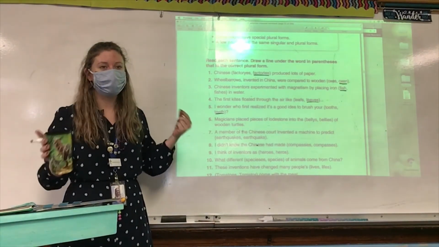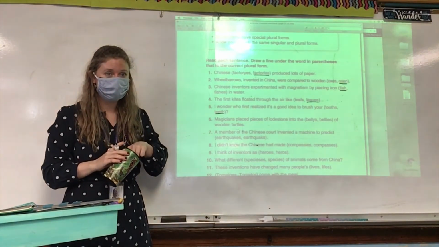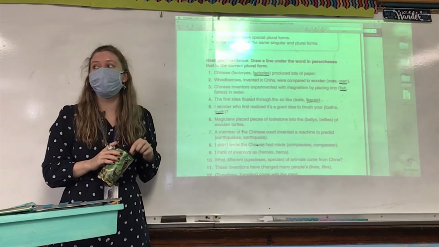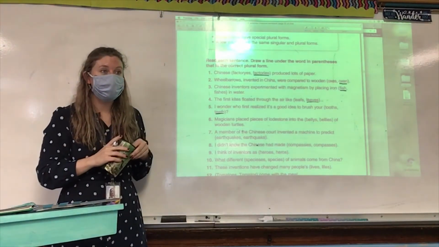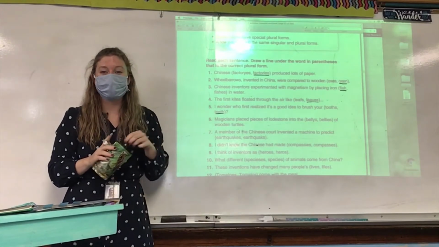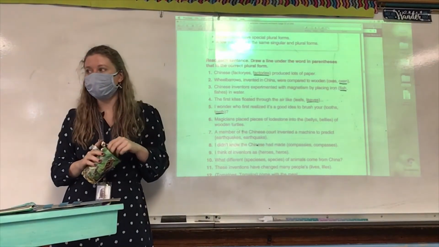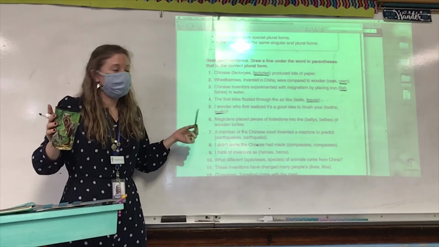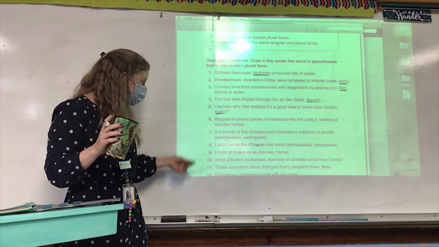So what do we have to do to learn which ones change the vowel sound? Who can help her out? What do we have to do since there's no rule that says if the word ends with this, change the vowel sound? Kingston. Just memorize them.